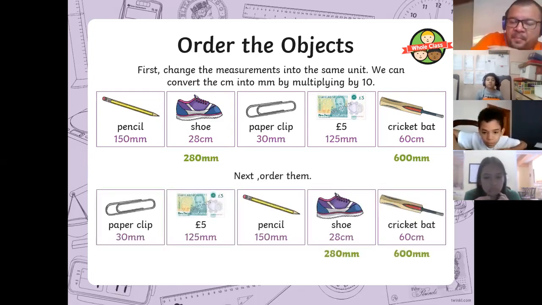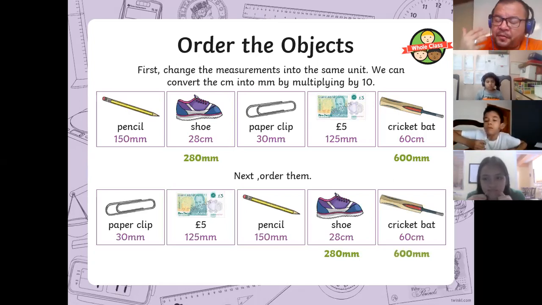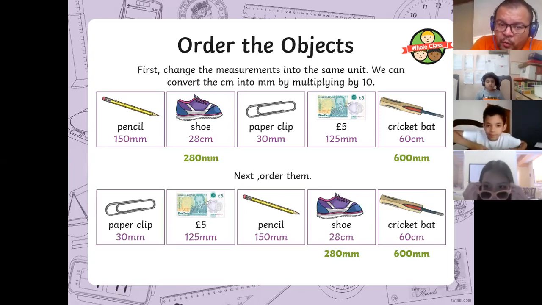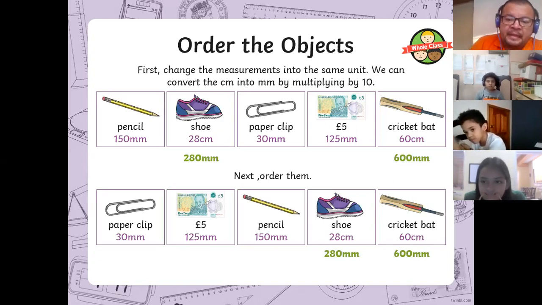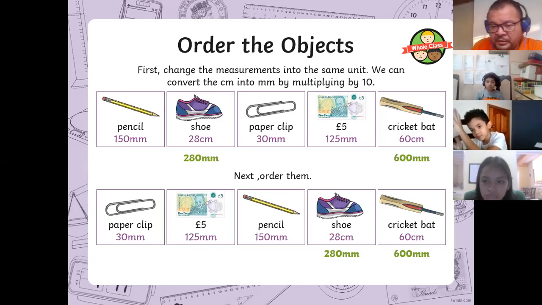We have the paper clip with 30 millimeters, the 5 pounds with 125 millimeters, the pencil with 150 millimeters, the shoe with 280 millimeters or 28 centimeters, and the cricket bat with 600 millimeters or 60 centimeters.